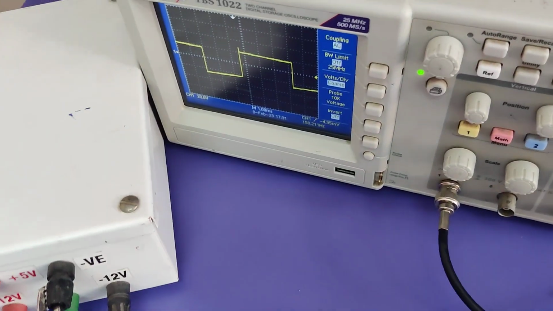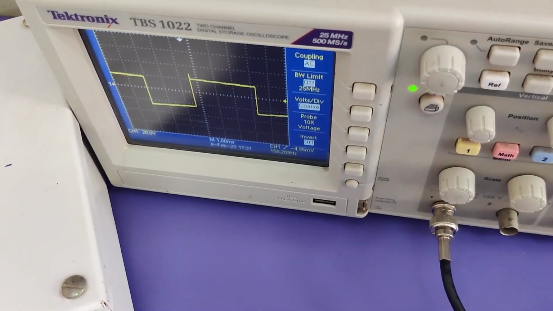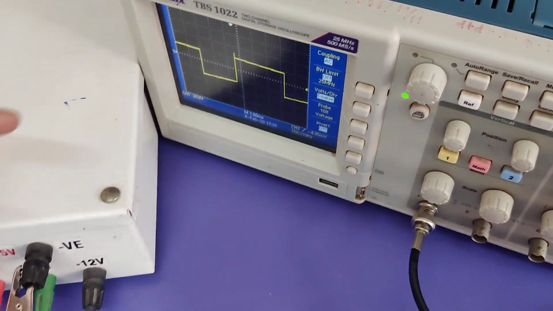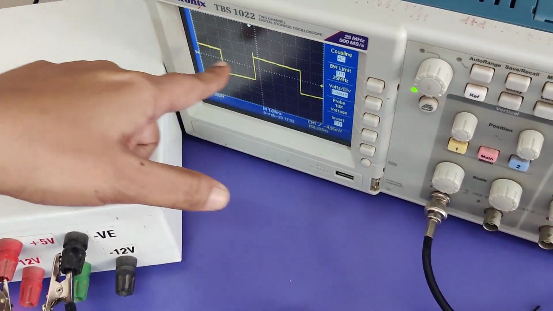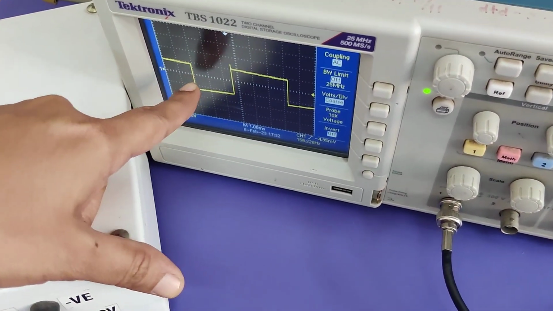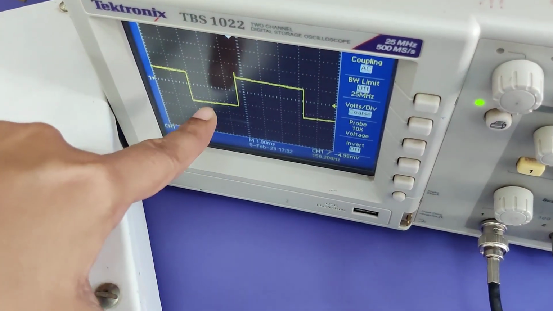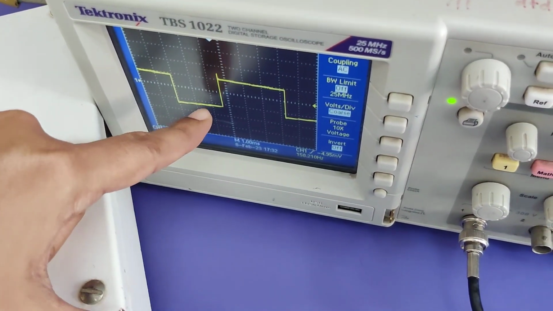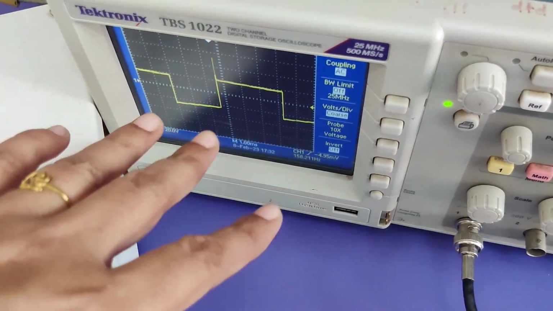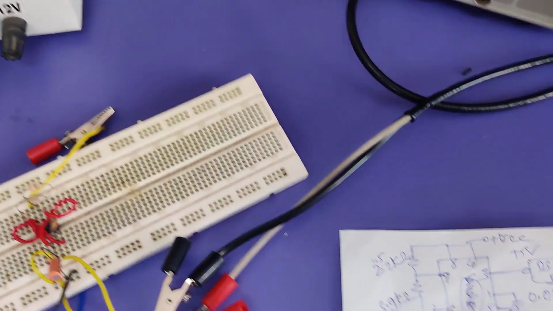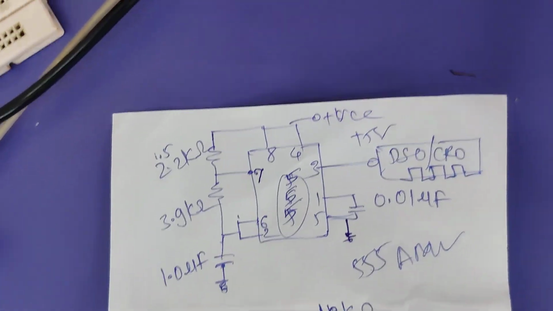So what does the frequency of this output depend upon? Here you can find the duty cycle for this square wave. T on time period is this one, and T off time period is this one. So you can calculate the duty cycle for this. If I need to change the frequency, what change do I need to make in this circuit?